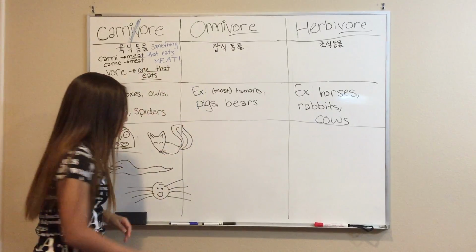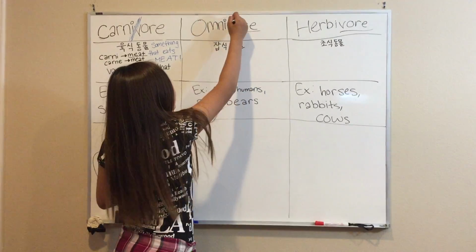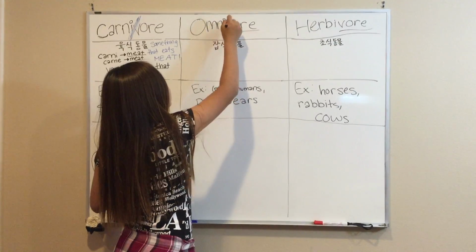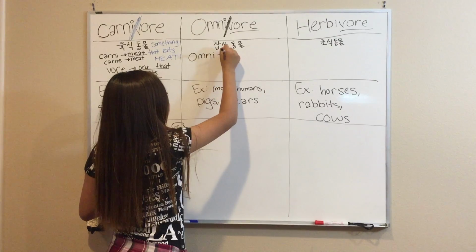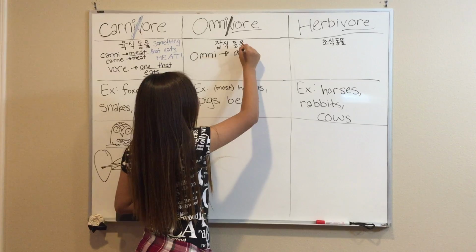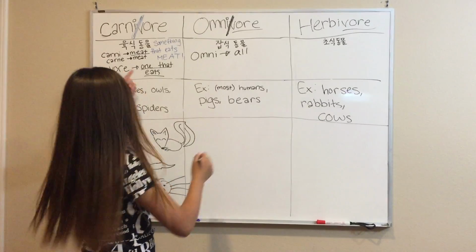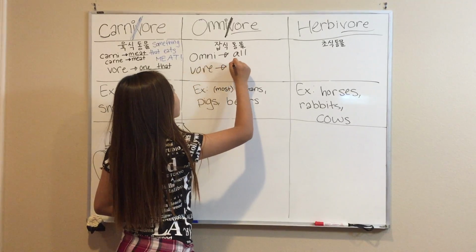Next, omnivore. Let's split this in half again. Omni is also a root word. It means all. And vor, like it says here, means one that eats.